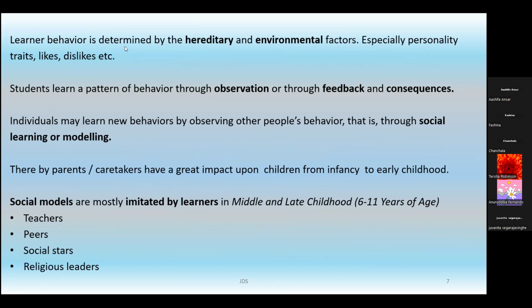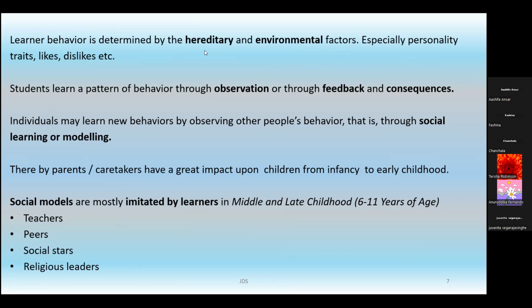Learner behavior is determined by hereditary and environmental factors. You know, we talked about learning something. So when it comes to learning, definitely the person has to have some kind of intelligence. If he is totally dumb, never can he learn.